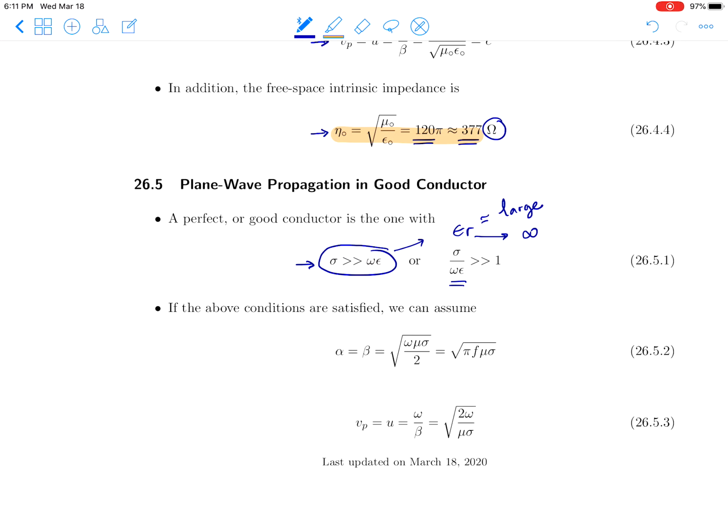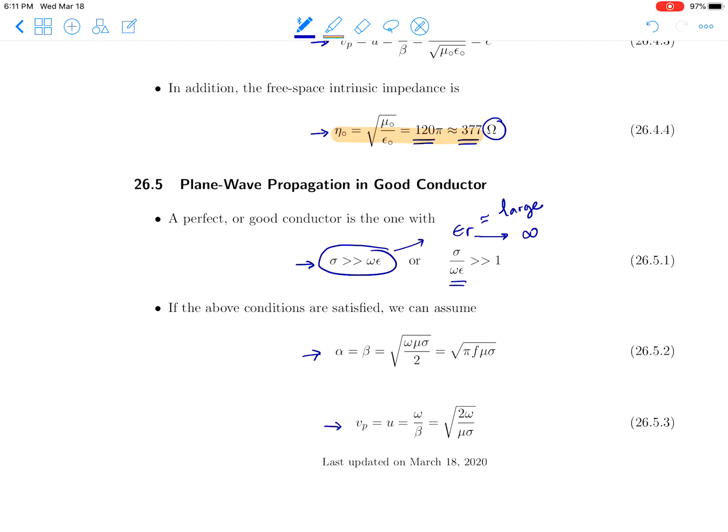Under this simplification, if we substitute these conditions in the original formula, we can conclude that alpha, the attenuation constant, is equal to beta, the phase constant, and they are equal to the square root of pi times f, the frequency, times the material permeability, times the conductivity.